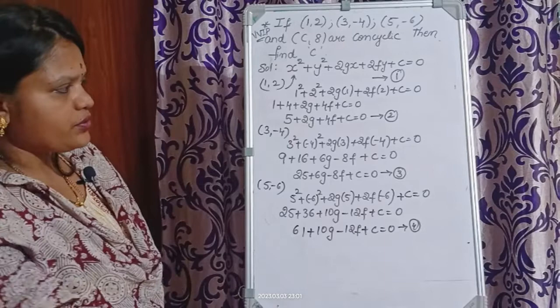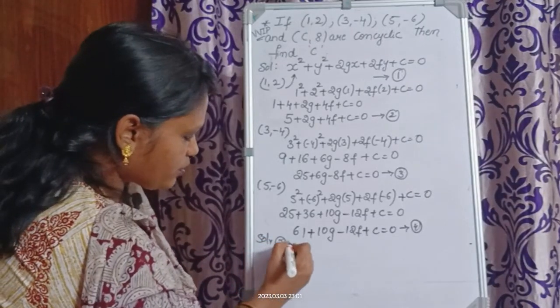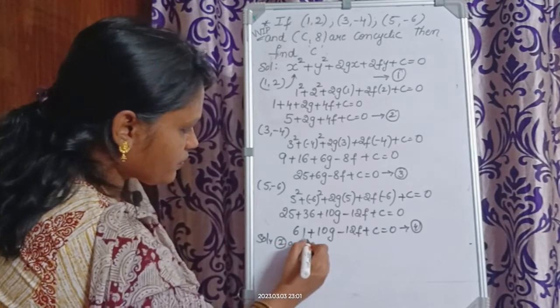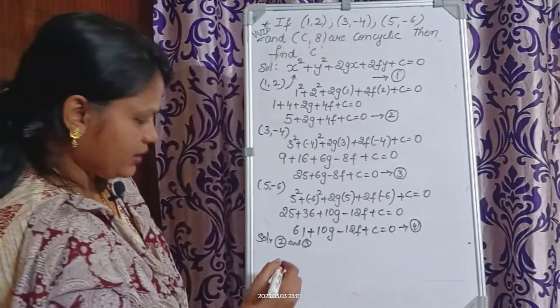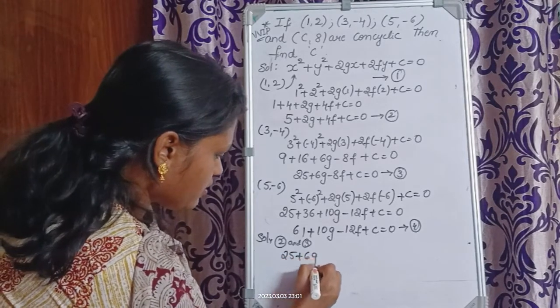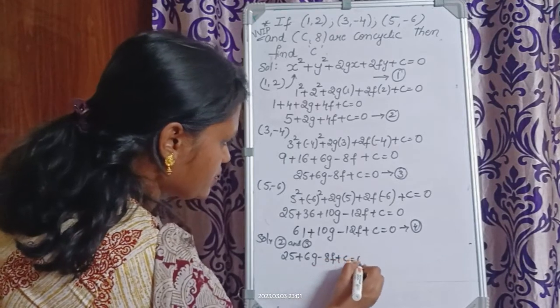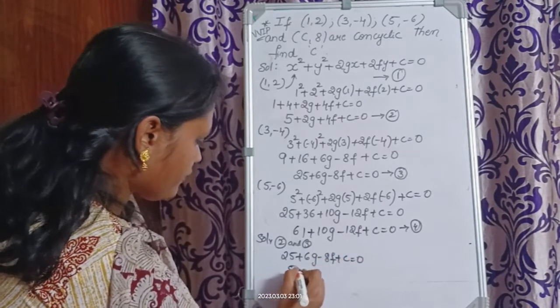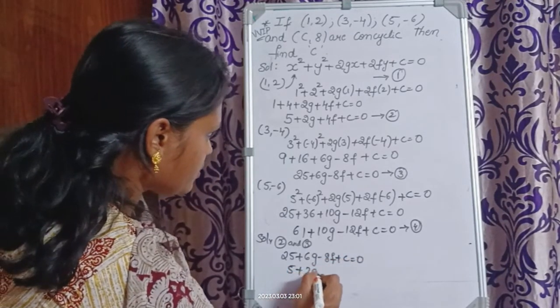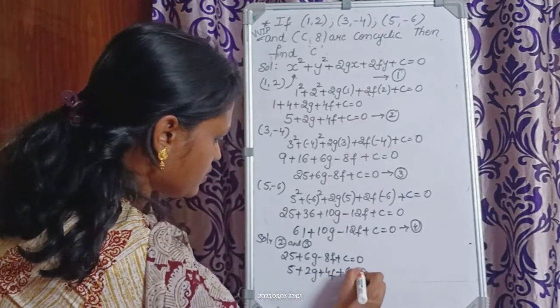Right? Now solving equation 2 and 3, what we'll get is 25 plus 6g minus 8f plus c is equal to 0, and 5 plus 2g plus 4f plus c is equal to 0.